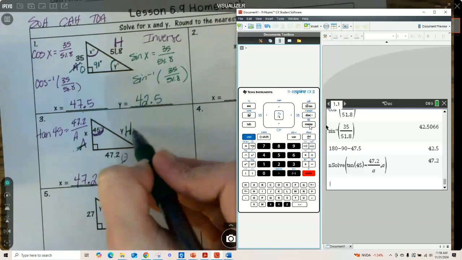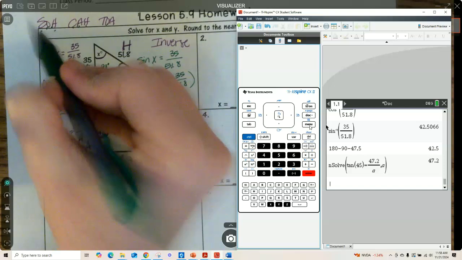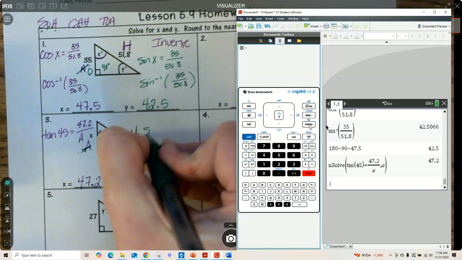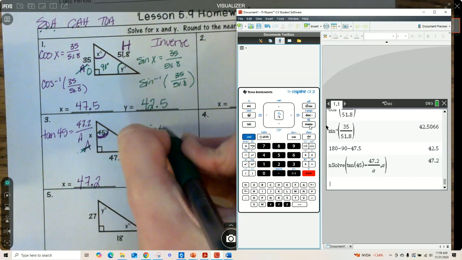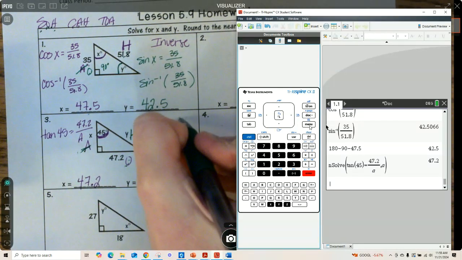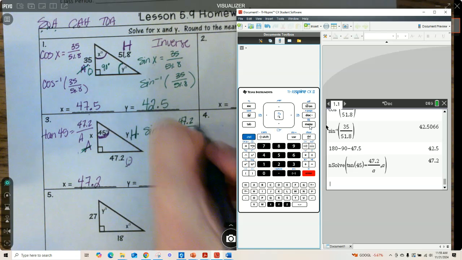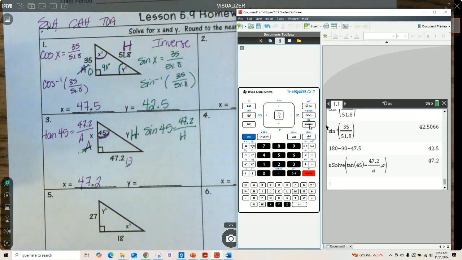So we have an O and an H here. O and H is sine. So I could do the sine of 45. O goes on top, so 47.2 over the hypotenuse. Again, if we're looking for a side, it's the menu 3-1.